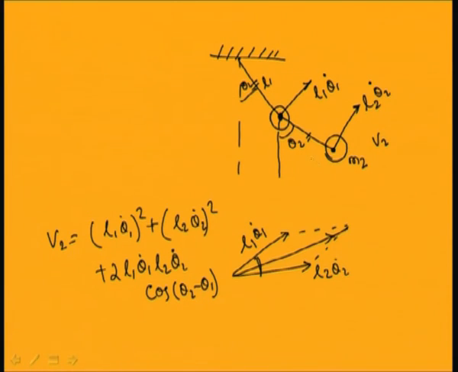So the kinetic energy of the system will be equal to half m1 v1 square, that is L1 theta 1 dot square, plus half m2 v2 square. So the total kinetic energy T will be equal to half m1 L1 square theta 1 dot square plus half m2, and already I have written the expression for v2.